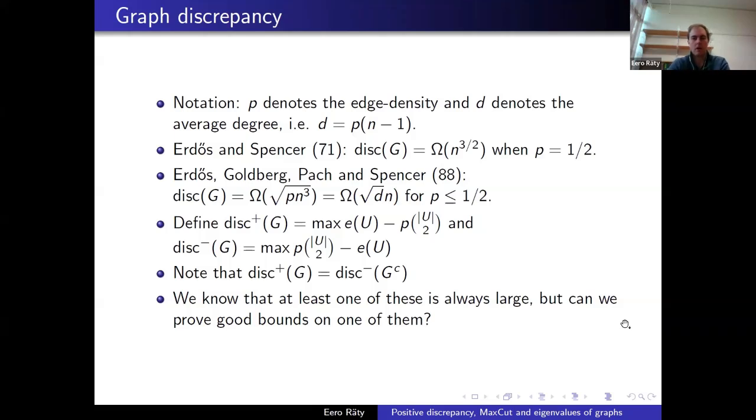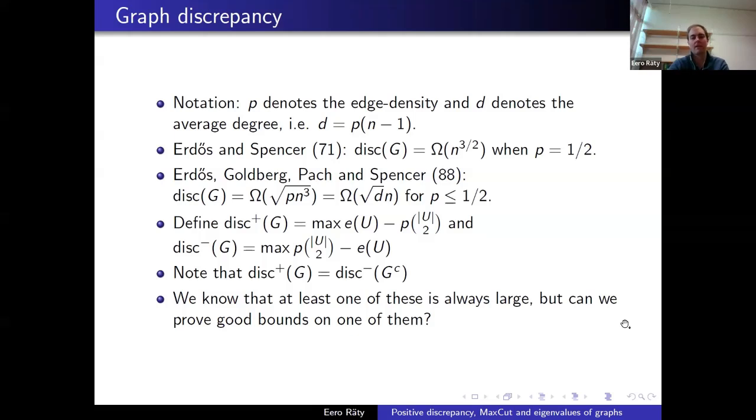So for the ordinary discrepancy, we don't distinguish whether the number of edges inside of U is more than the average or whether it's less than the average. In fact, in both of these proofs, the techniques are based on considering some suitable random partition and then doing some clever reordering.